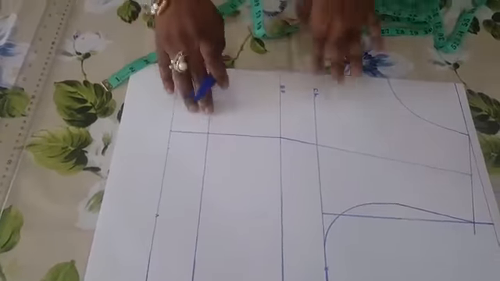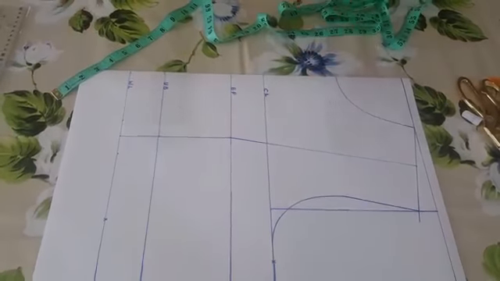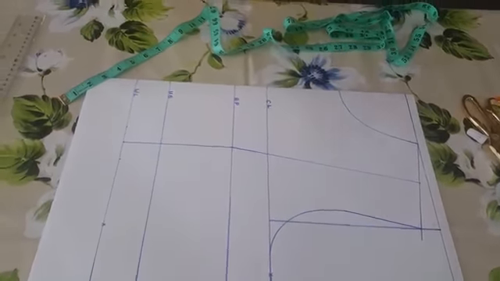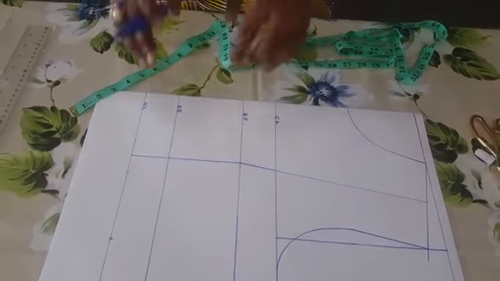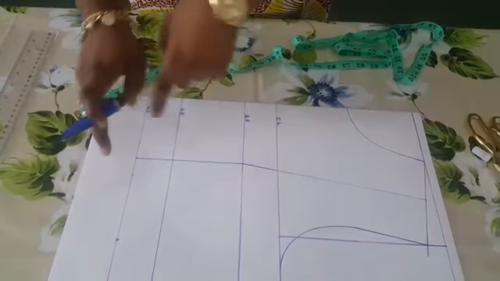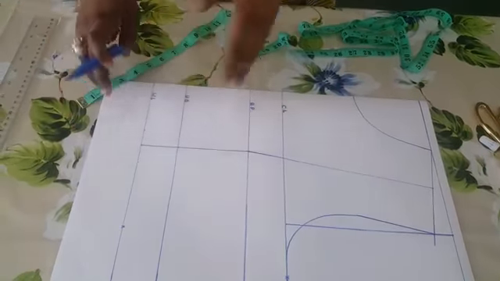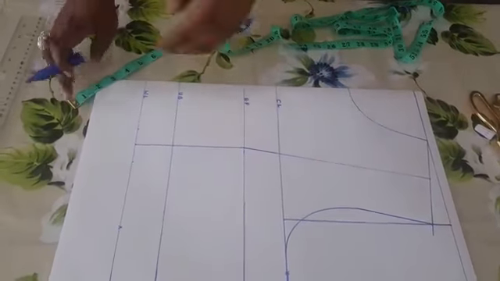Then on the under bust, because this is a tube top or a strapless top, the bust area being obvious is very, very important. So I will advise you to go in 1/4 inch deeper compared to the waist dart, because we want the bust to protrude in this type of top we want to make.